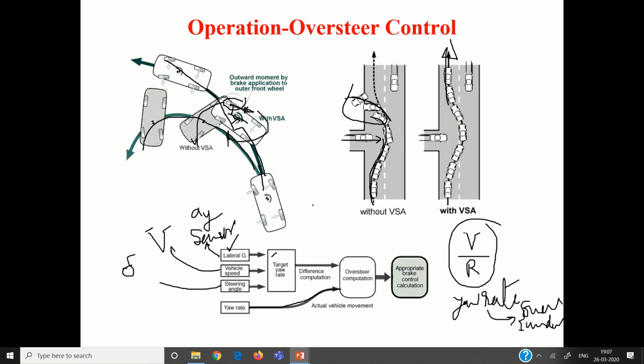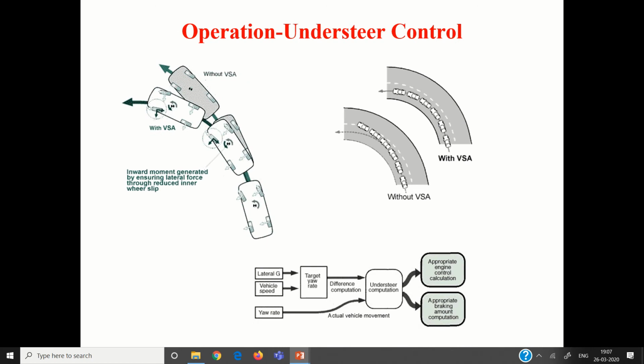That is oversteering. Understeering, you can see here. This vehicle is supposed to follow this path. Correct? The vehicle is going in this way. So it's understeering. I need to steer it back to this point.